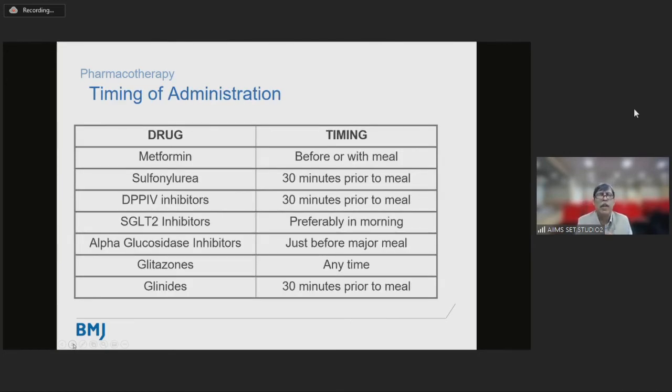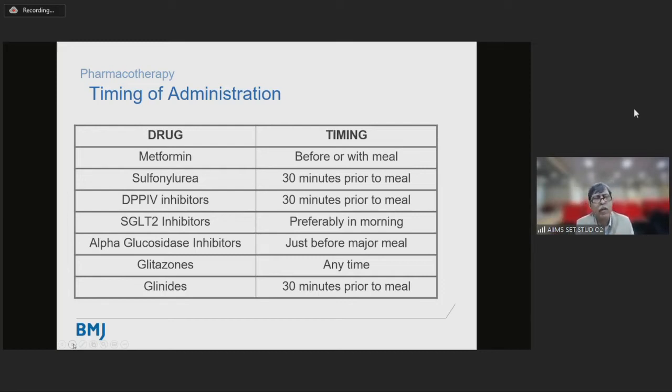What about timing of administration? Metformin has GI side effects. So in terms of efficacy, it doesn't make a difference whether before, during, or after, but for tolerability, on a full stomach makes a lot of sense. For sulfonylureas, DPP-4 inhibitors, and glinides, which are all eventually causing insulin release, either glucose-dependent insulin release, as in DPP-4 inhibitors, or glucose-independent, which are sulfonylureas and glinides, give it 30 minutes prior to the meal.